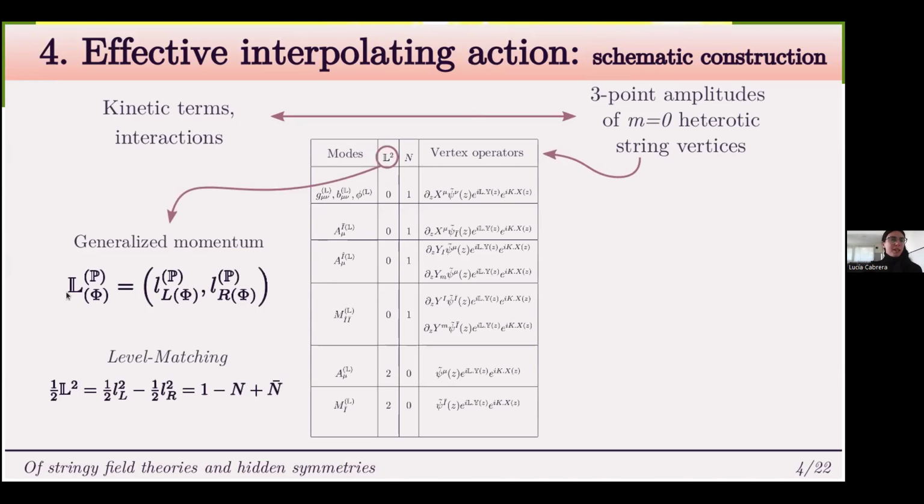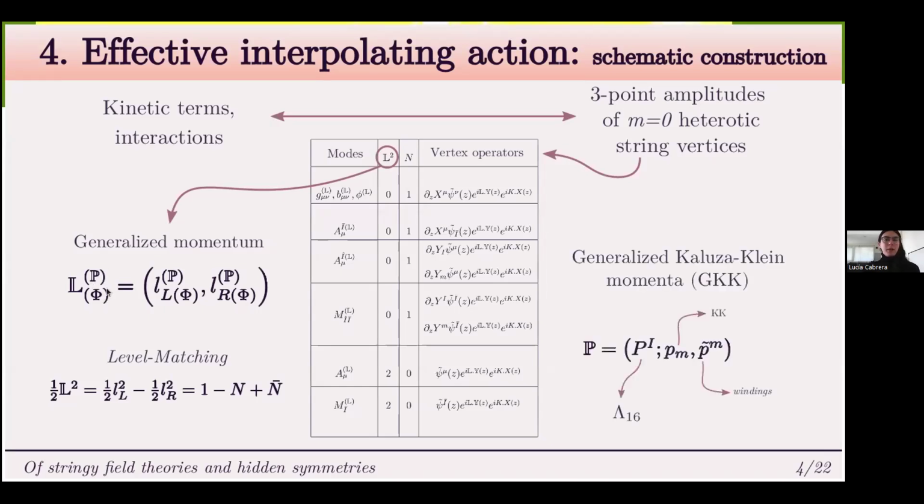This generalized momentum depends on two very important things. First of all, this phi is the moduli point in moduli space. But it will also depend on these P, and these P are generalized Kaluza-Klein momenta. And we will be caring about the part of the generalized Kaluza-Klein momenta that has, of course, the actual Kaluza-Klein momenta as well as winding numbers.